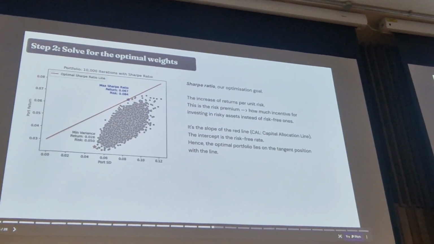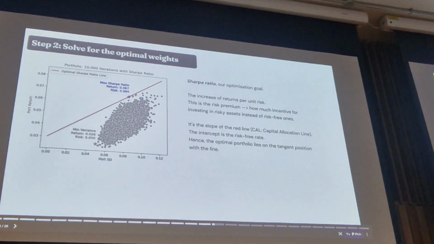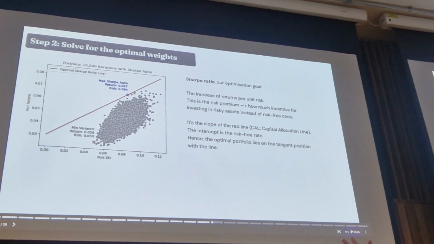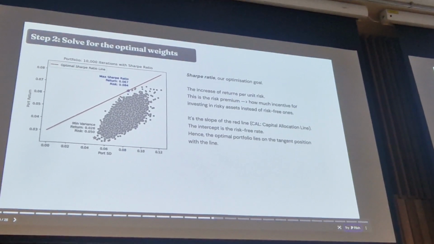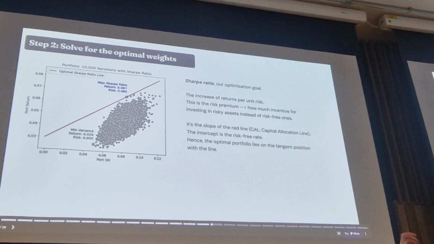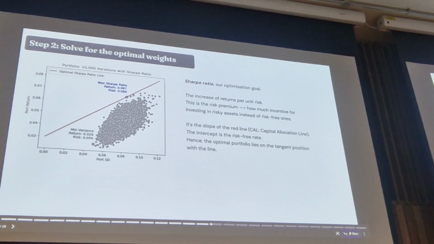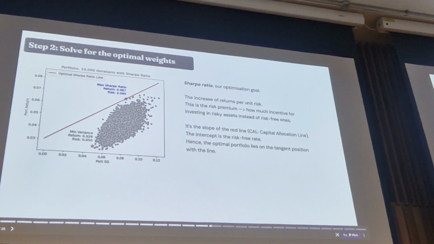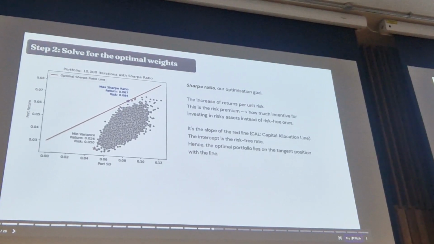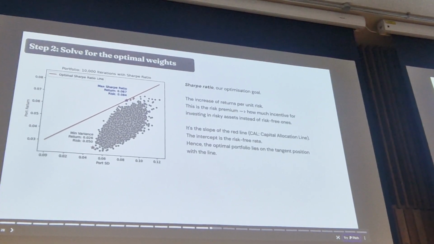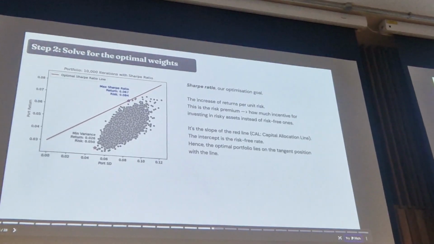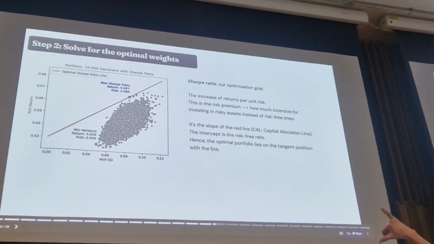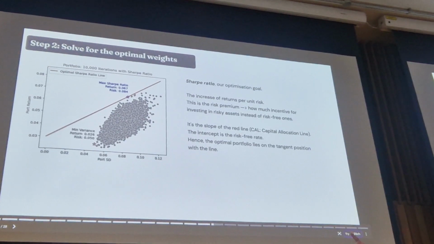Okay, crash course again: what is the capital allocation line? The capital allocation line is basically the red line that shows the percentage of risky portfolio and the risk-free asset. I'm going to talk about the risk-free asset later. So a slope is basically delta y divided by delta x.